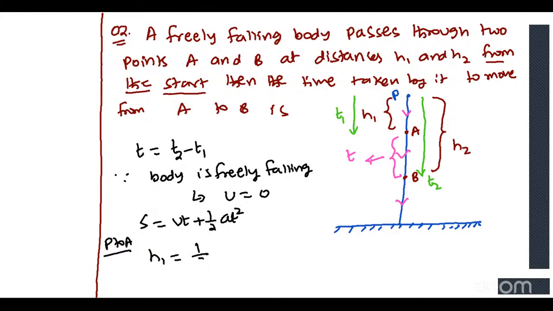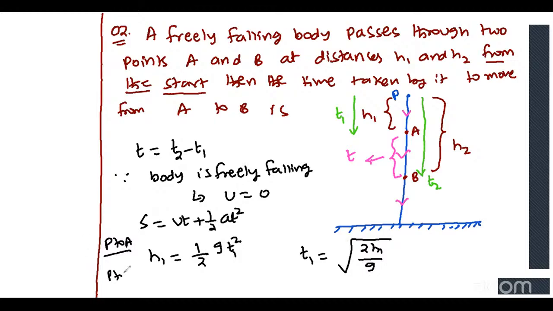Since it is falling down, the acceleration is positive, a equals plus g. That means T1 equals under root 2h1 by g.